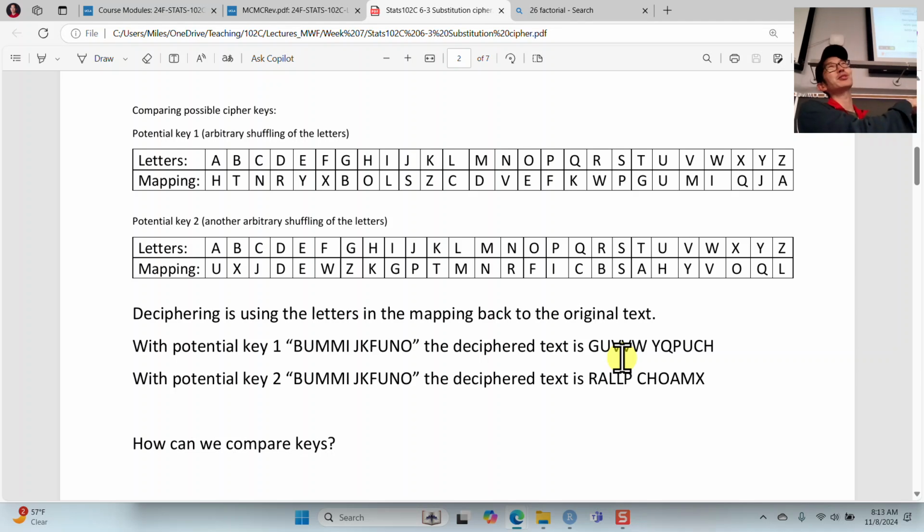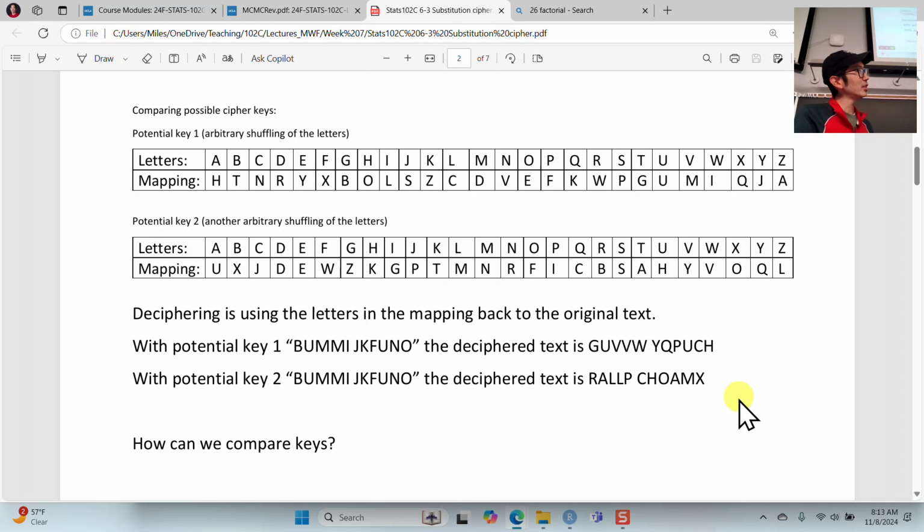Now, what is the direction of keys? We'll talk about that later. But if we have a way to compare one key versus another, then maybe we can use that to help us find better keys and eventually find the solution.